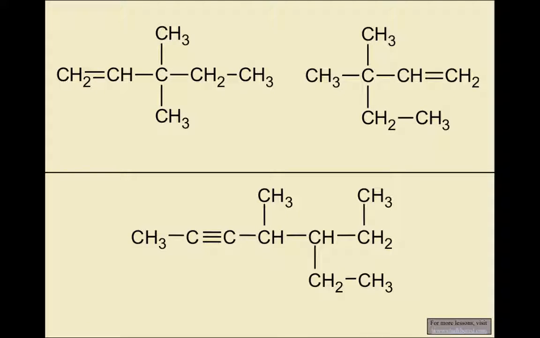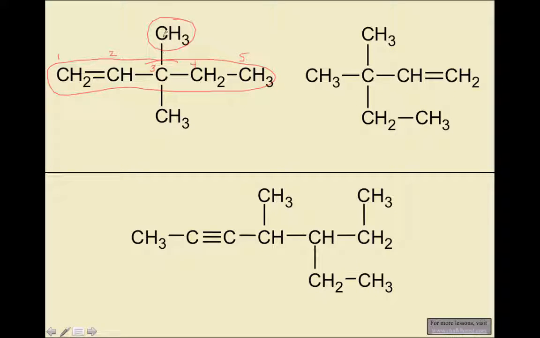All right, the next step is naming these, finding the longest carbon chain. This is an alkene, so it must contain the double bond. 1, 2, 3, 4, 5. All right. This is my longest chain. I'm going to number, starting at the end that has the double bond closest to it. 1, 2, 3, 4, 5.